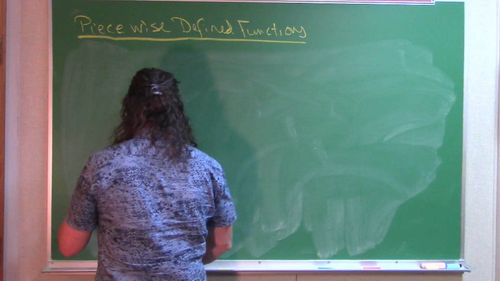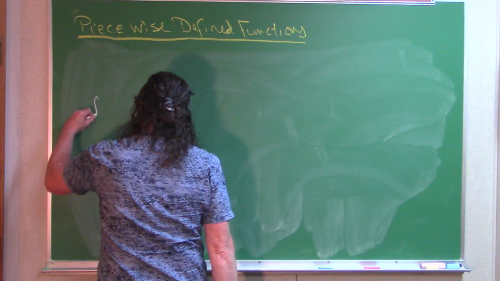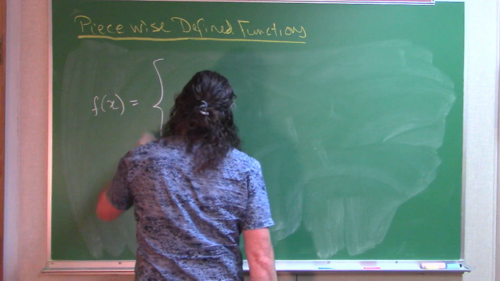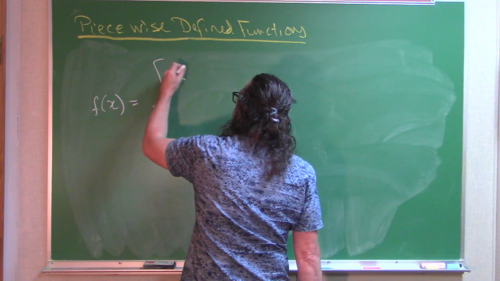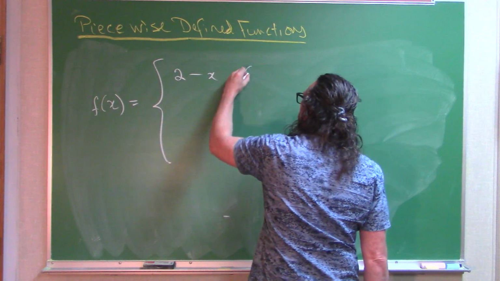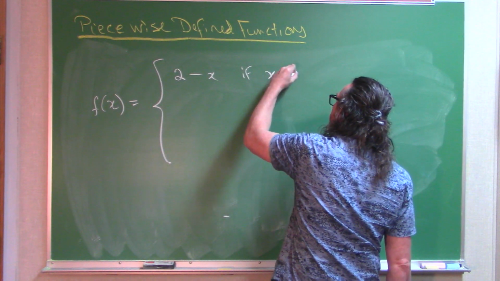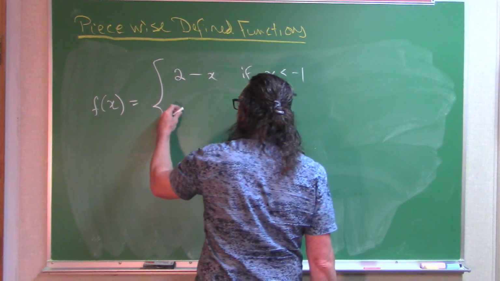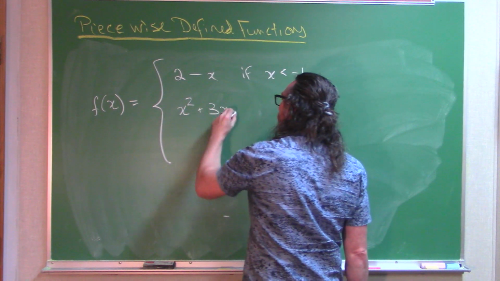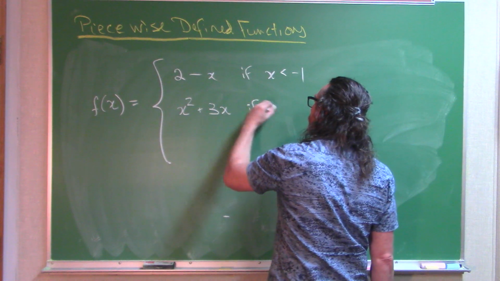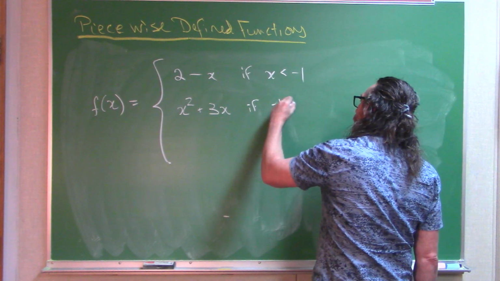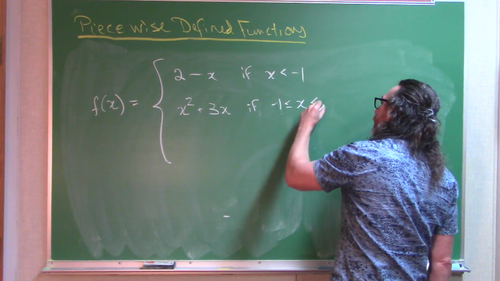Okay, so let's do this one. F of x equals 2 minus x if x is less than -1. x squared plus 3x if -1 is less than or equal to x, but x is still less than 2.